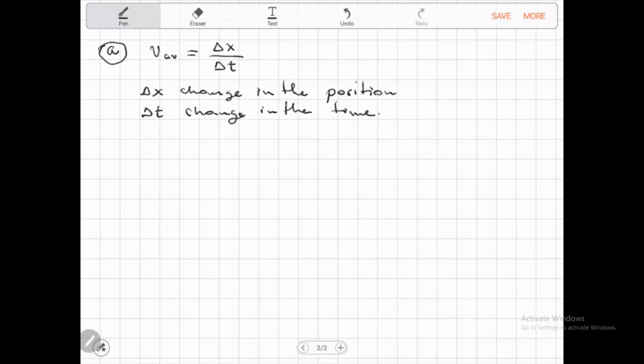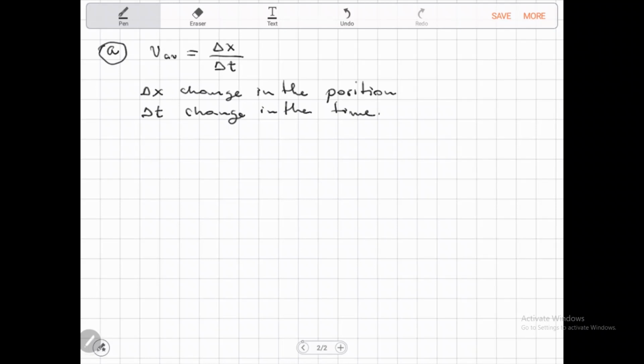So what we are going to do is evaluate the average velocity using the formula given by the problem.